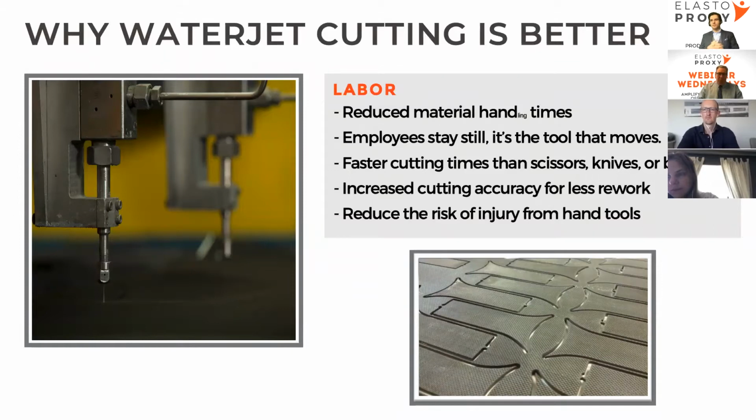The amount of times we see people cutting with an X-Acto knife on a template, and the dangers of that, if a slip or whatever it is, could end up being an injury on the line. So very important to keep that into consideration when it's coming to the actual labor components of WATERJET.